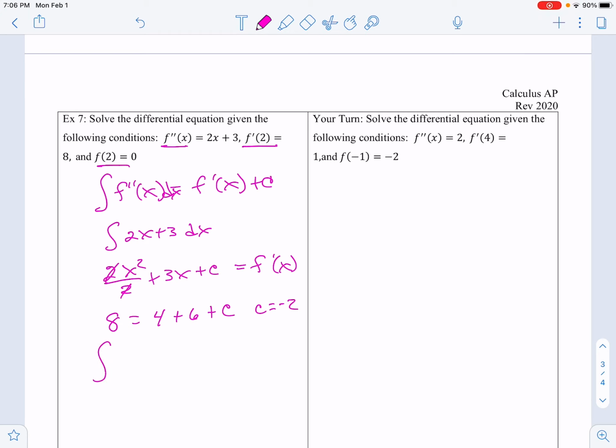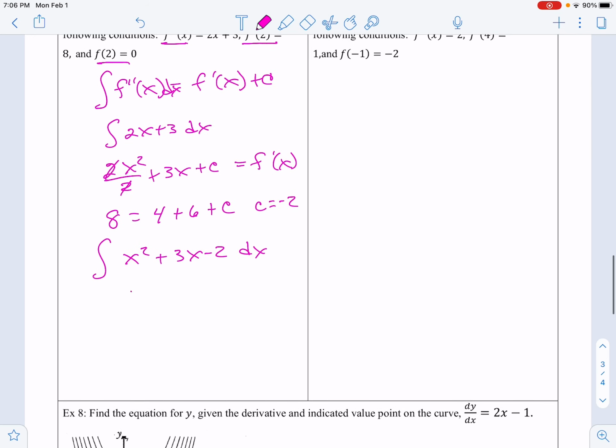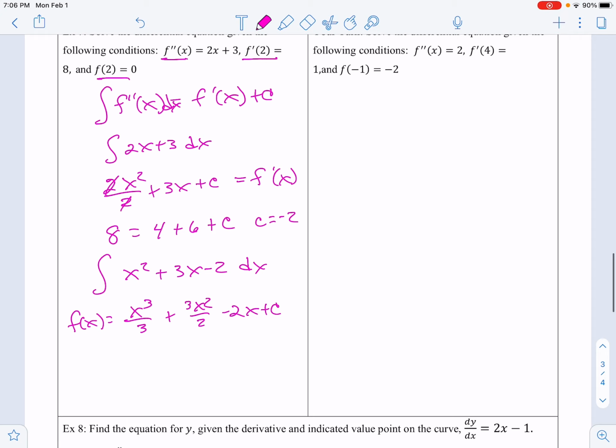So now I'm going to integrate x squared plus 3x minus 2. And I get x cubed over 3 plus 3x squared over 2 minus 2x plus c. That's f of x. And they told me if I plug 2 into that, I get 0. So this is 0. 2, what's that, 8 thirds plus 2 plus 12 halves, which is 6, minus 4 plus c.